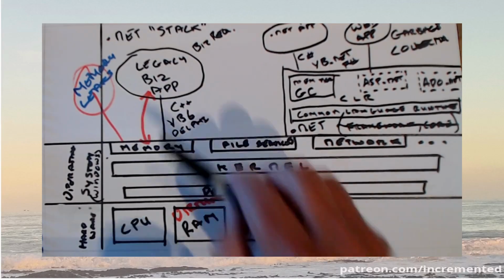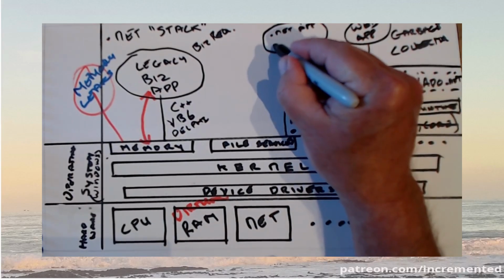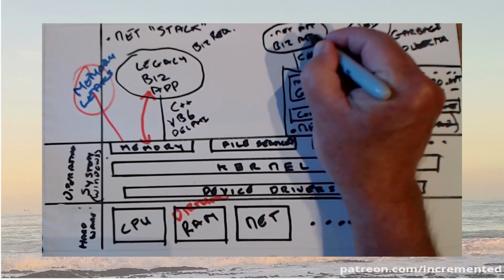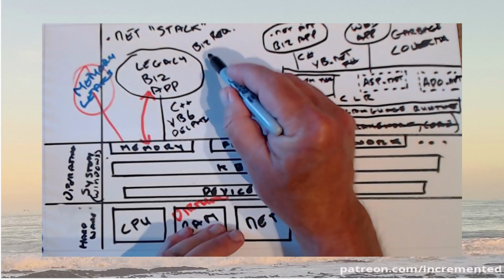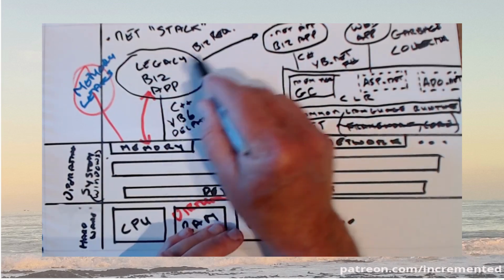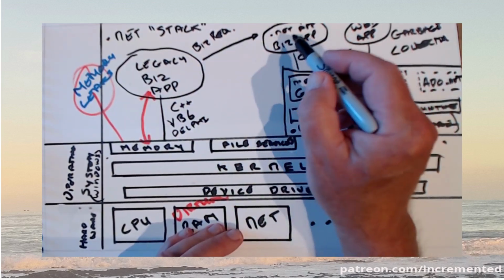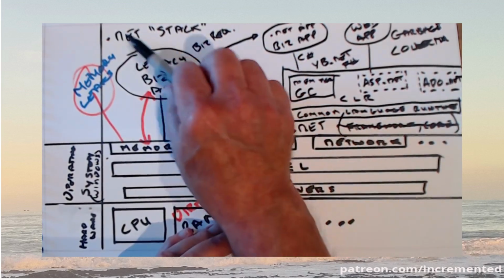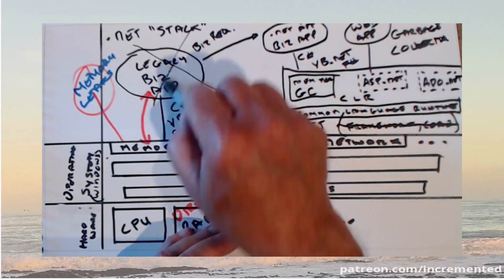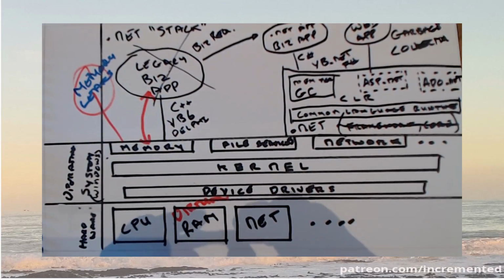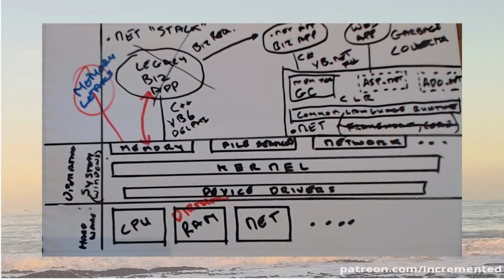So our business app, and this is really important, we migrate our legacy business requirements. Probably they've changed, but it doesn't matter. We replace our old legacy app with .NET, and there are a few reasons why we are doing this.